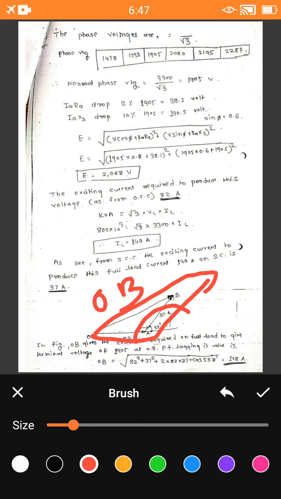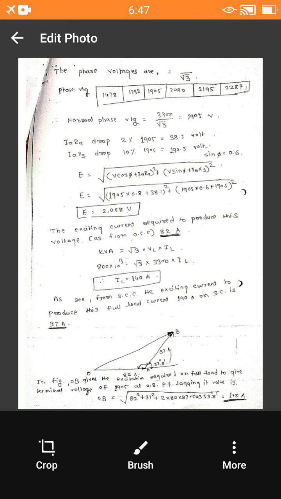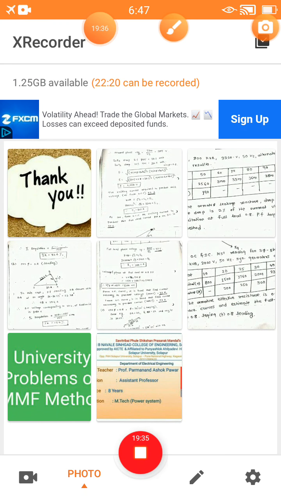The OB value is nothing but the IF value, which is the excitation current. From calculation we get the excitation current, that is 1.8 ampere for this problem.